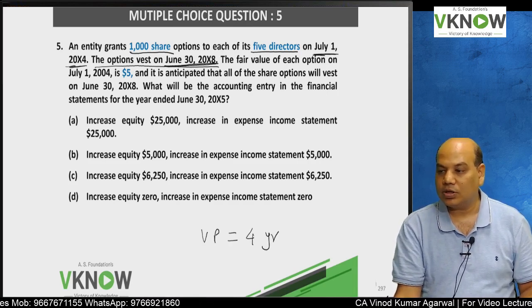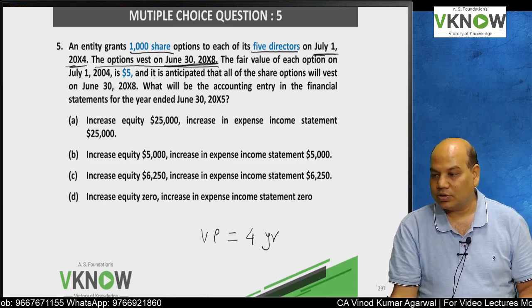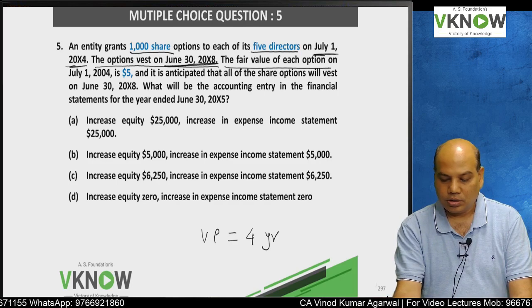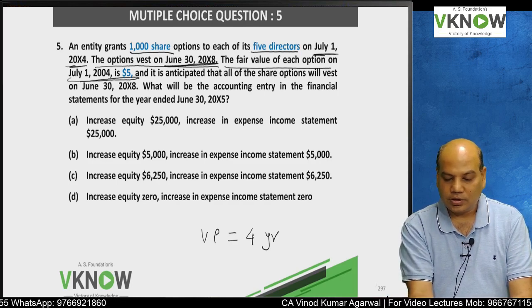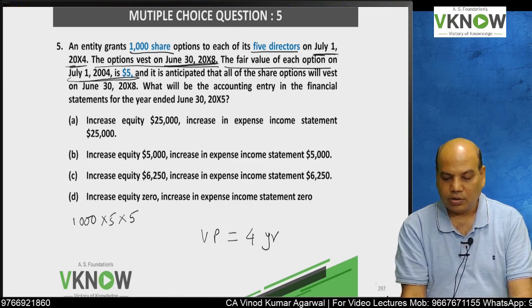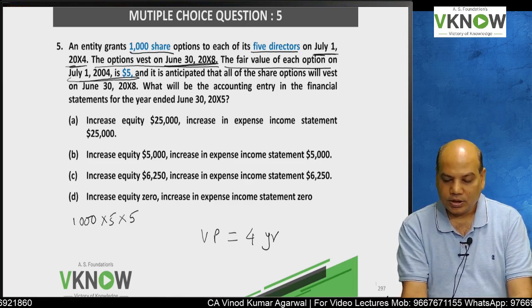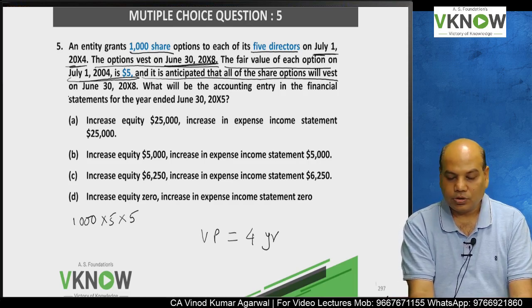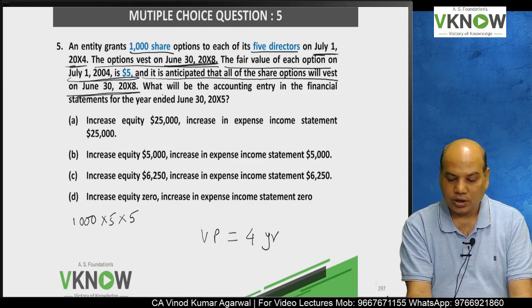Now the question says the fair value of each option on grant date is 5. So 1000 into 5 directors into fair value 5. It is anticipated that all the share options will vest on June 30, 2008.